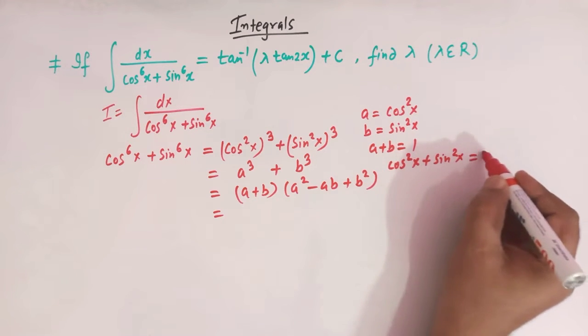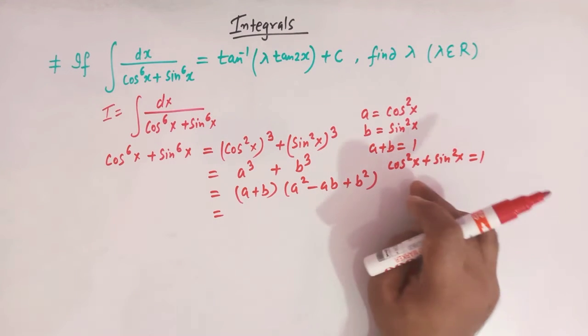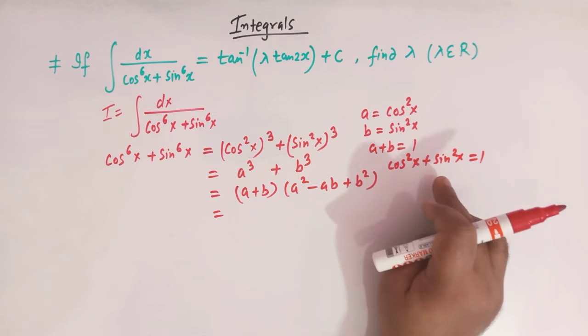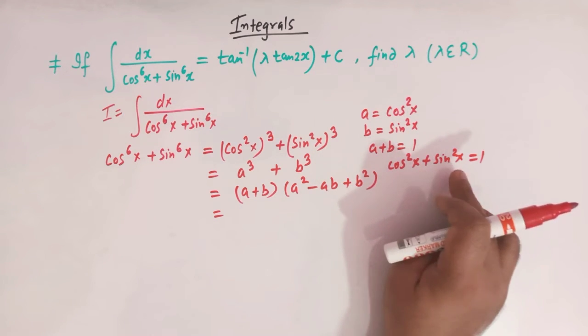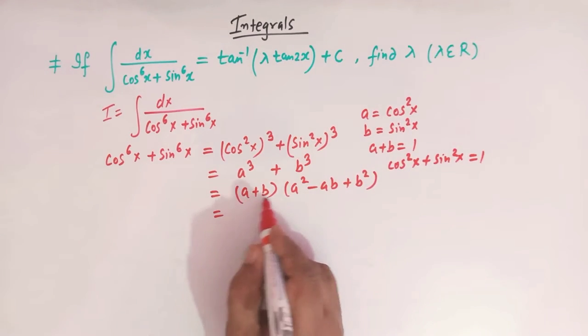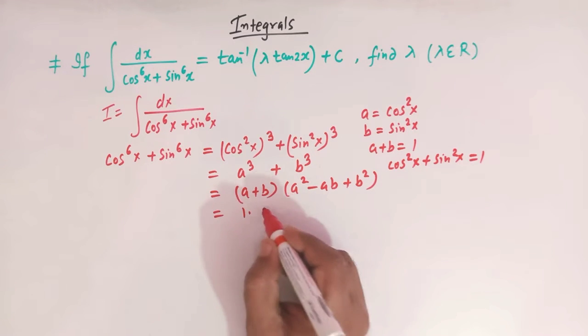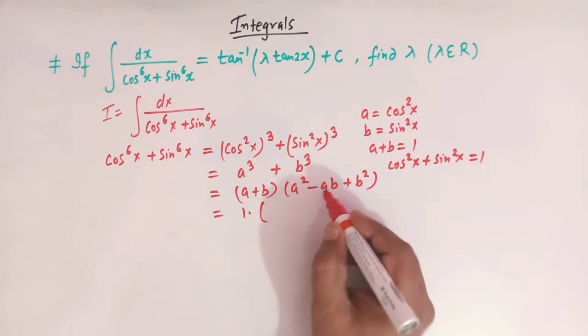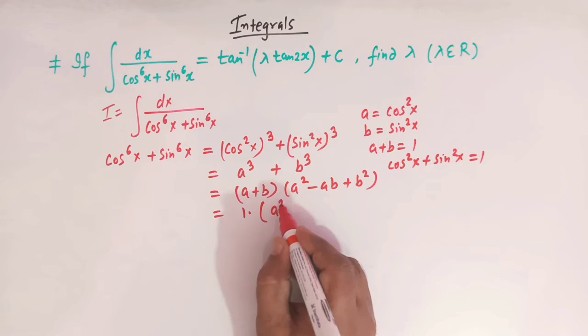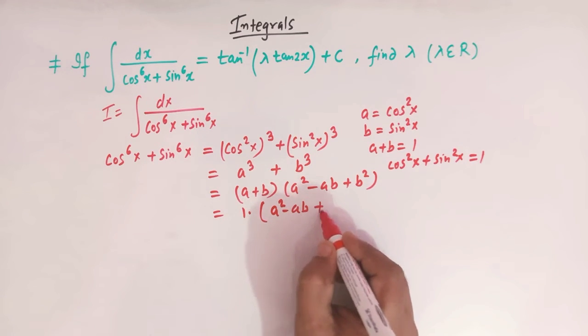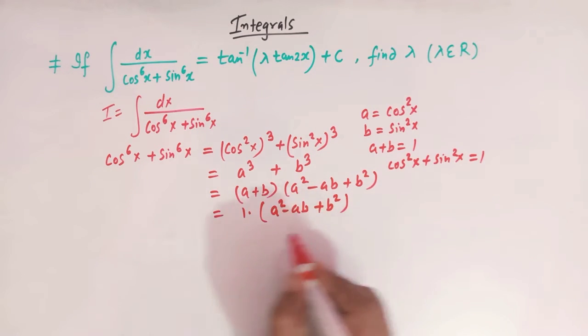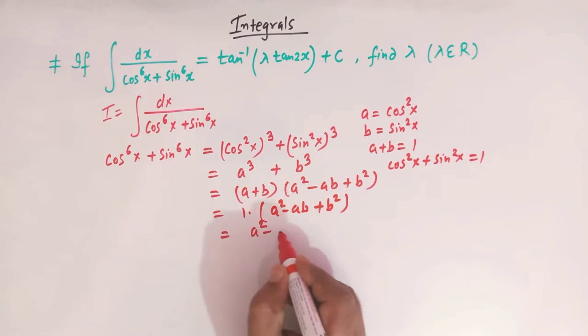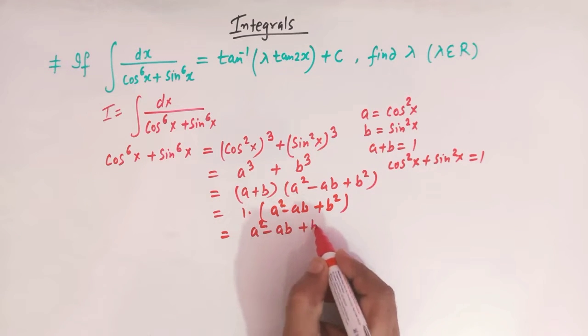This is a very famous identity in trigonometry: cos square x plus sine square x is 1, so a plus b is equal to 1. And here we have a square minus ab plus b square.